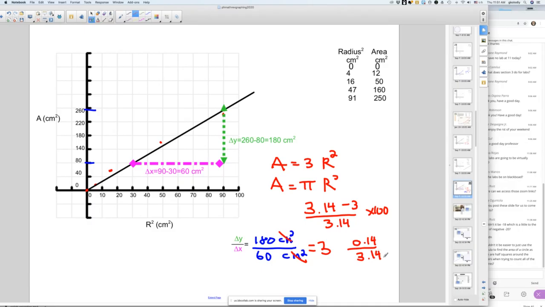Let me see what that is. I got my calculator here. 0.14 divided by 3.14 is equal to 0.04. If you multiply that by 100, we get 4%.